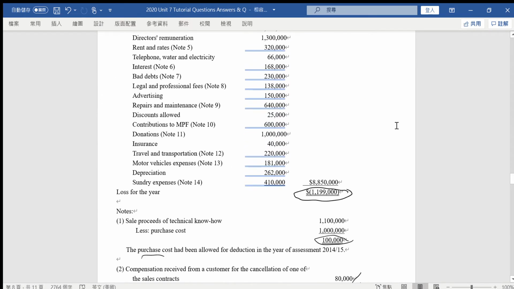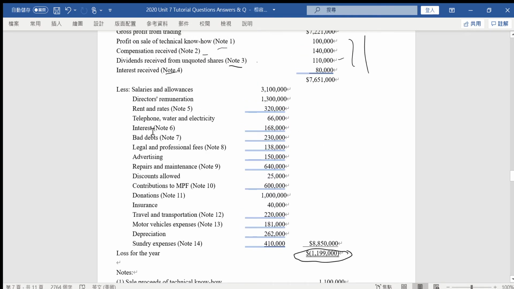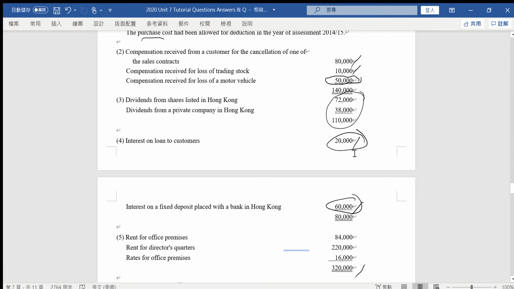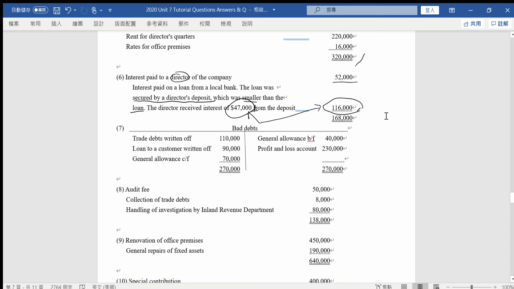Then another one will be related to Note 7, bad debt. This one is about the bad debt, and by looking at the items in this T account, trade debt written off, normal expenses allowed to deduct, no need to adjust any. Loan to a customer written off, normal bad debt expenses, no need to adjust any.